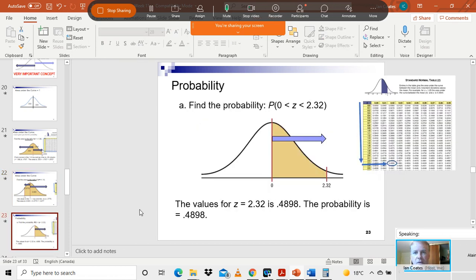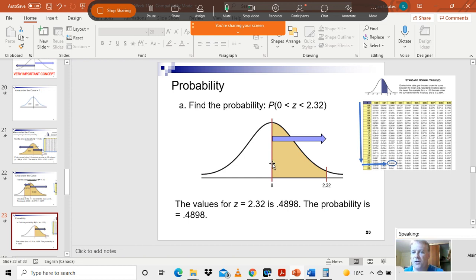Let's try another one. Look at this one here. Find the probability, same as what we saw last week, of choosing an apple between 0 and 2.32. Well, draw it out. Here you have your curve, and there's your 0, which is your mean.